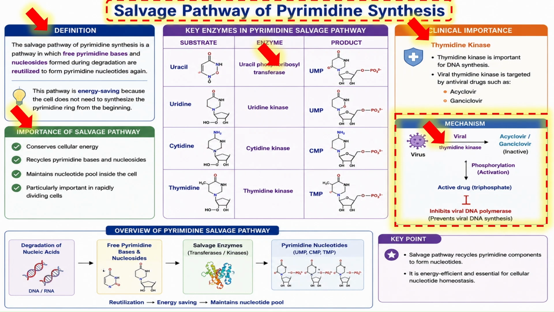These active forms then inhibit the viral DNA polymerase, which is required for the viral DNA synthesis and replication. As a result, the viral DNA cannot be synthesized, viral replication stops, and the infection gets controlled.